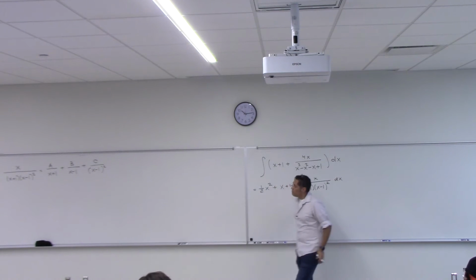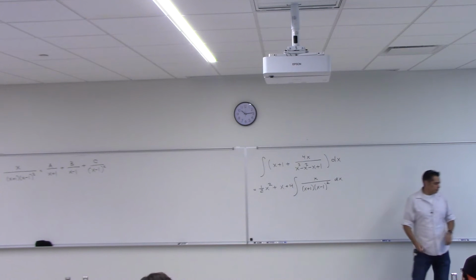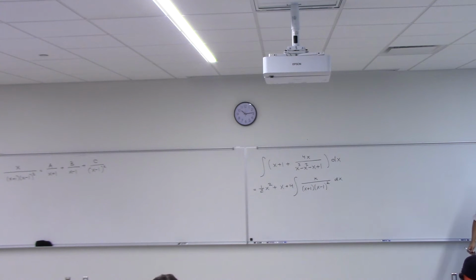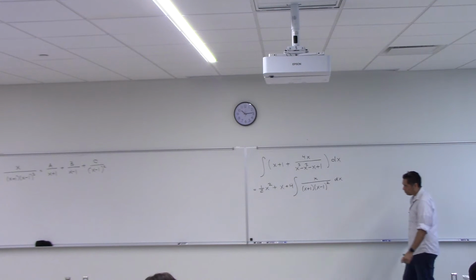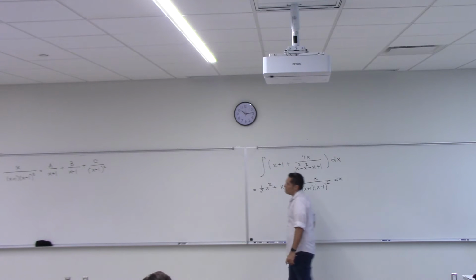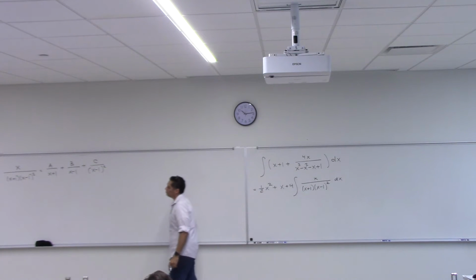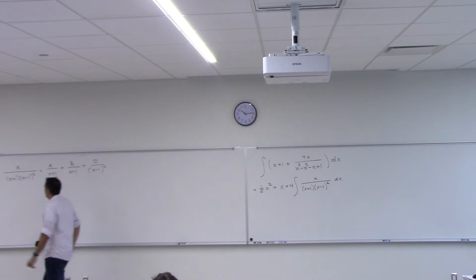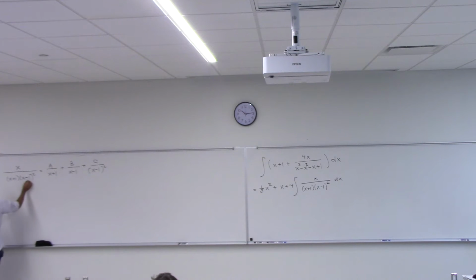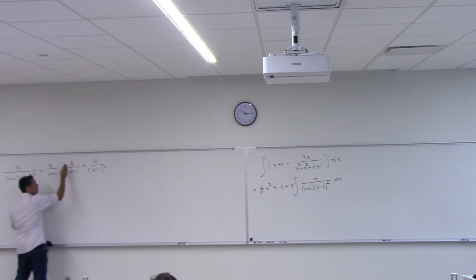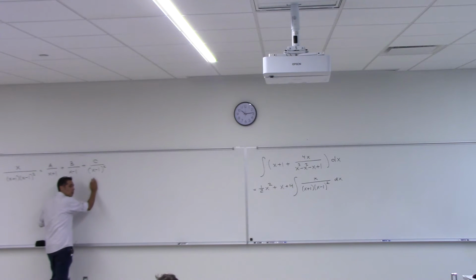If we would have left it like x plus 1 and then x minus 1, another x minus 1, and then we did the partial fraction, would that be wrong or what would happen? I know exactly what you mean. You were asking if I just did x plus 1, x minus 1, x minus 1, and did A over x plus 1, B over x minus 1, C over x minus 1, would it work?